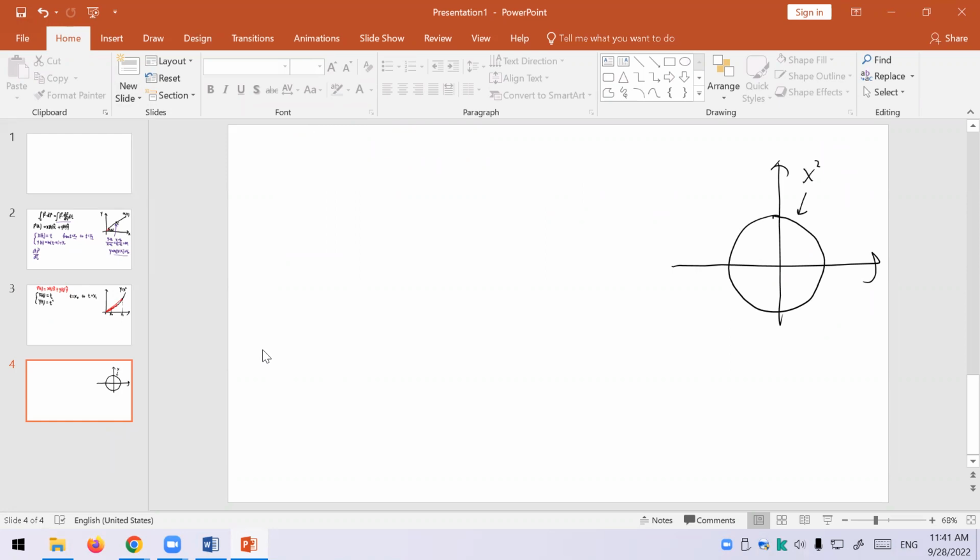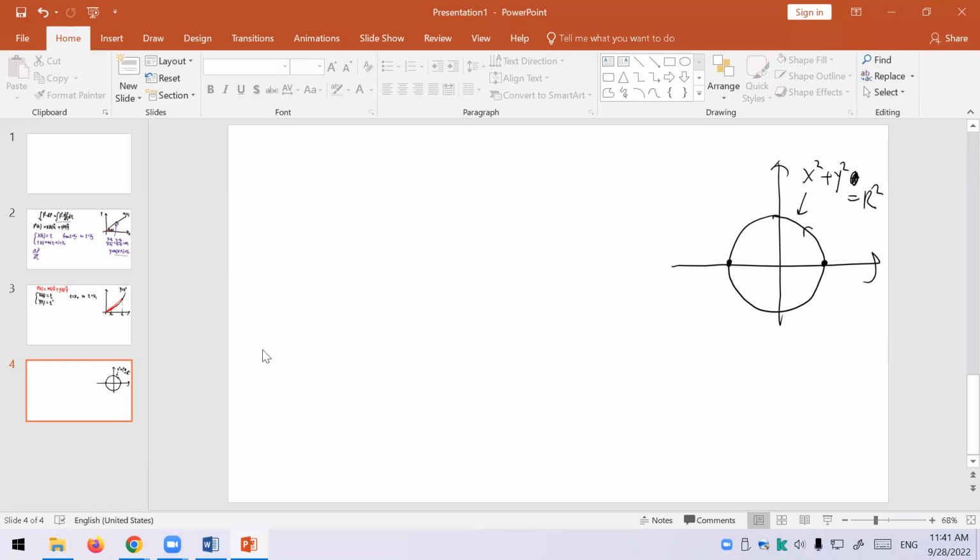This is x squared plus y squared equals r squared. Now let's say I want to go from here to here, along the upper half of the circle.